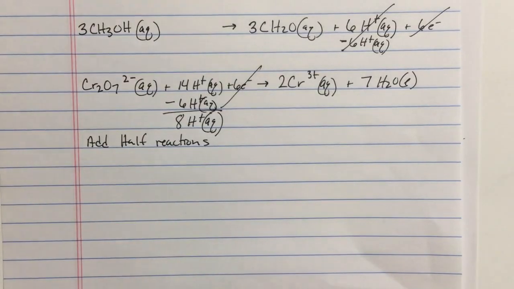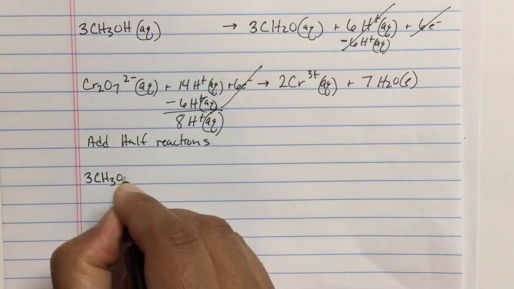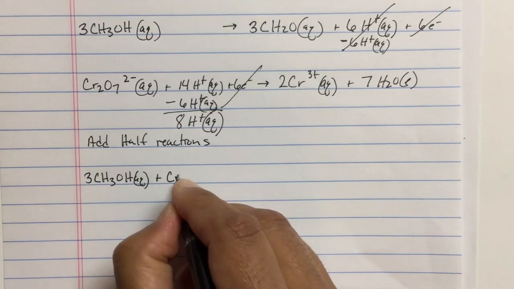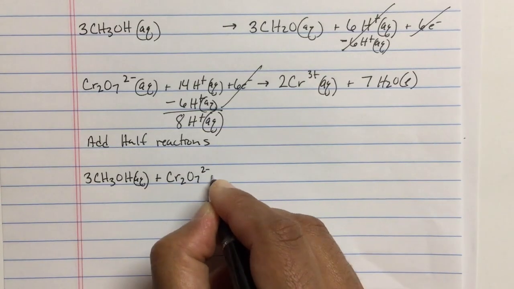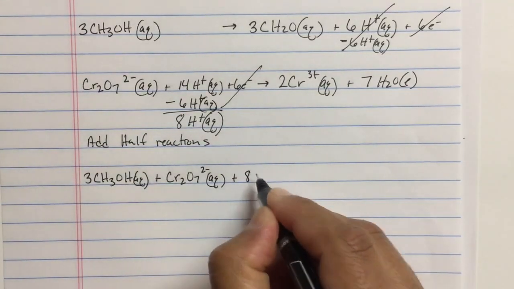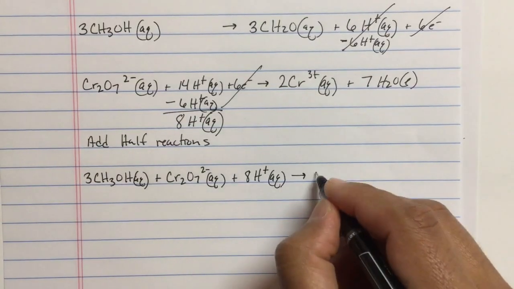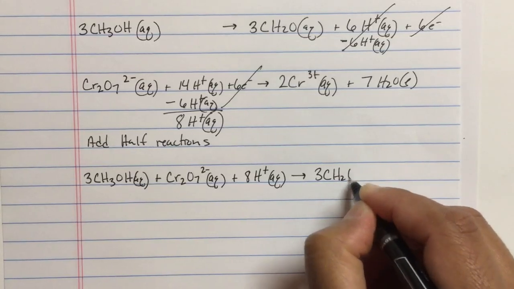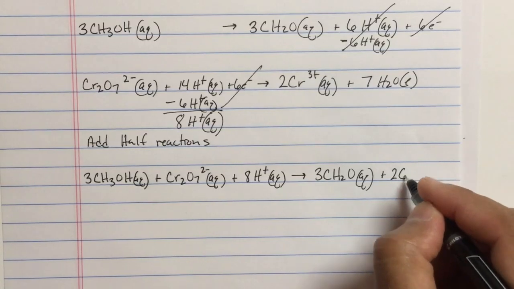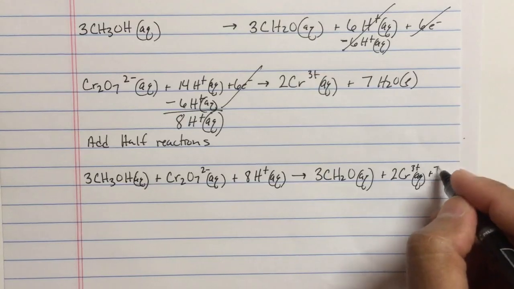So let me add the half reactions. 3 methanol, a dichromate, the 8 hydrogen, three of this CH2O, 2 chromium, and 7 water.